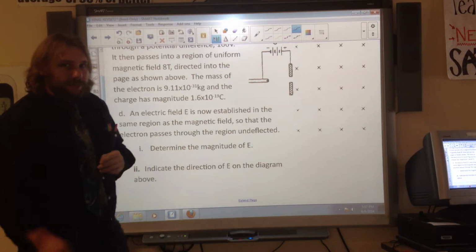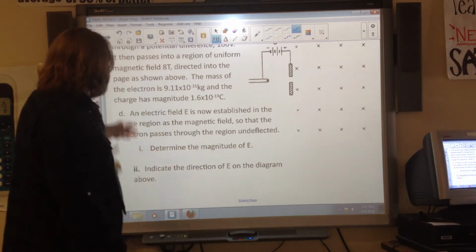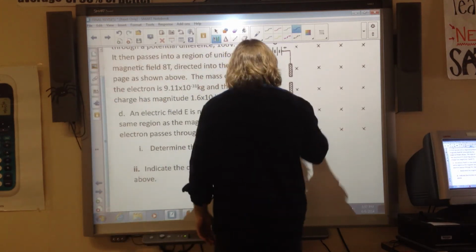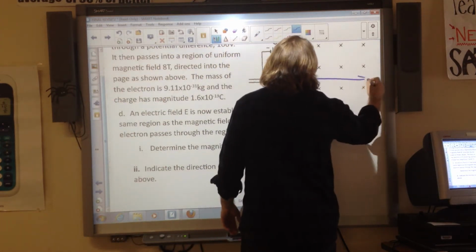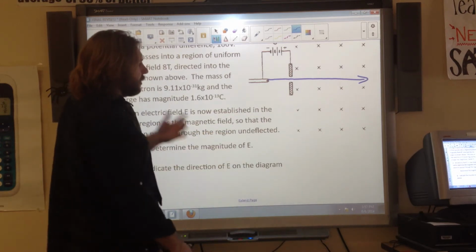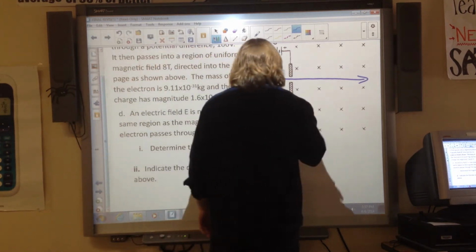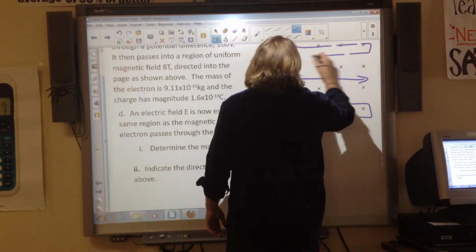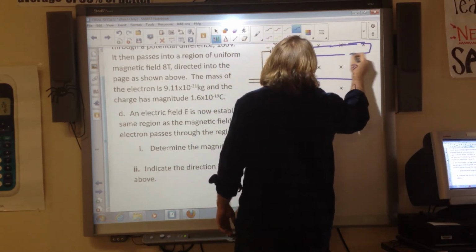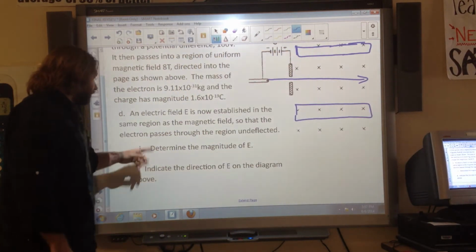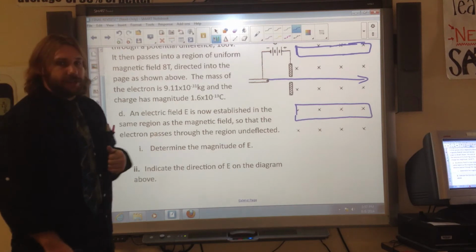Last but not least, we get into part D. Part D tells us now we create an electric field. So for instance, if we want to make it go straight, so that the electron passes through the region undeflected or continues straight, we have to create an electric field, we'll say using 2 plates. We want to know what is the magnitude of that electric field and what is the direction to make that electron go straight.